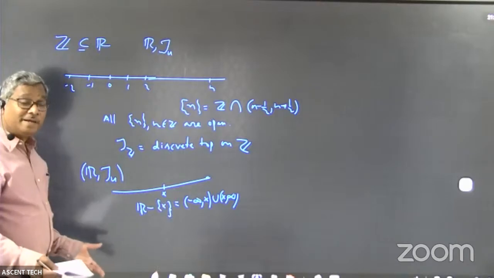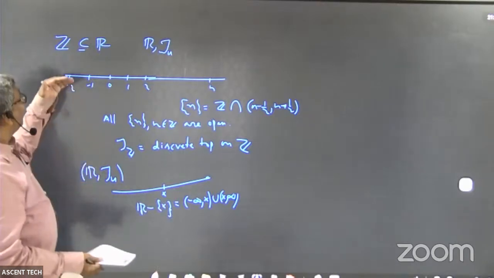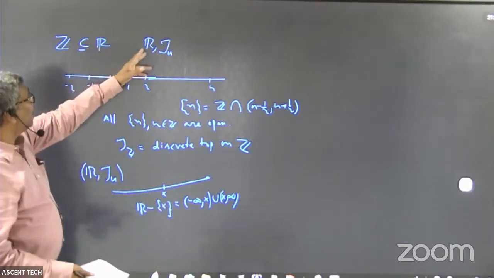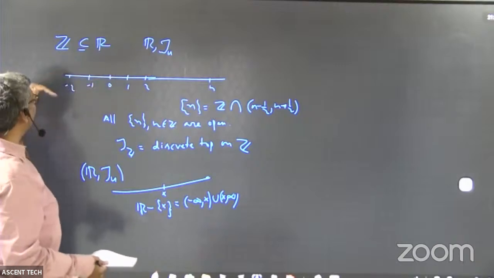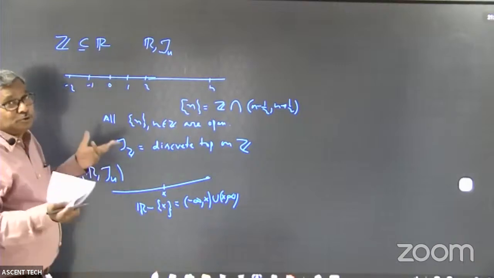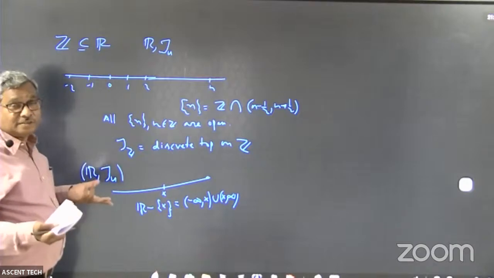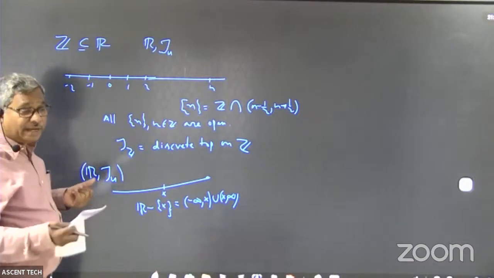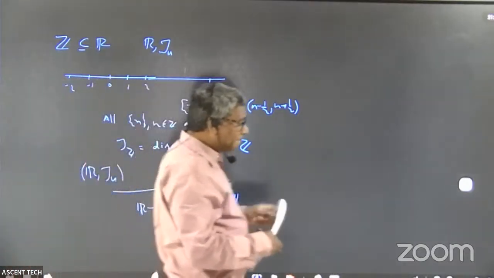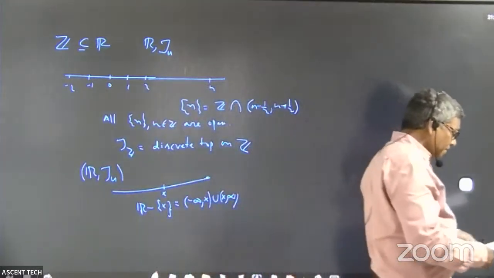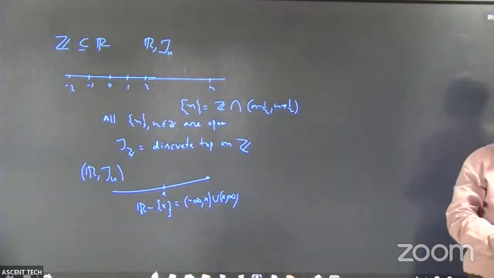So what happened? The usual topology of R inherited by Z seems to have totally different features. I hope we understand that.